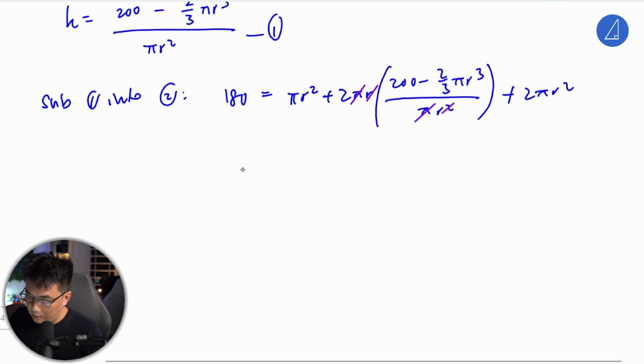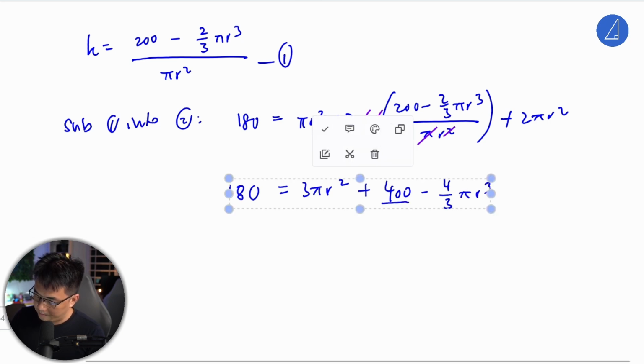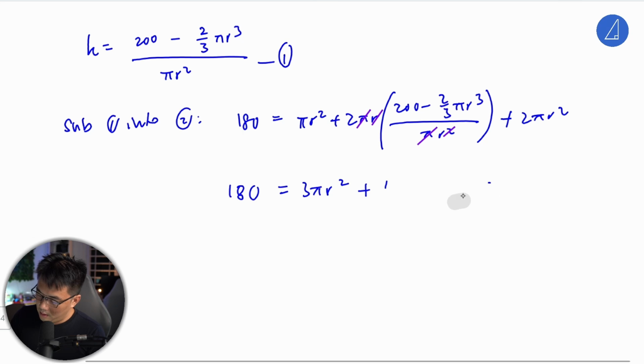In this case, what is left behind is essentially 180 equals 3 pi r square plus 400 minus 4/3 pi r cube, divided by r.